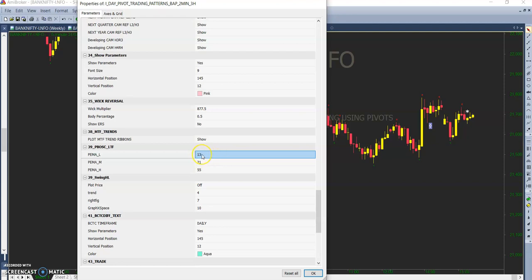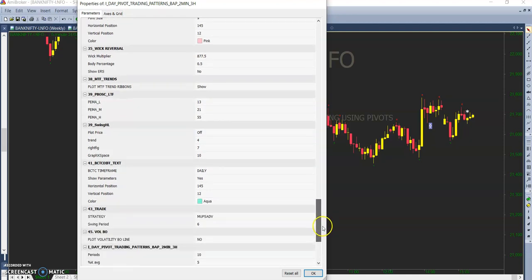Basically this one says that the fast moving average is 13, the middle moving average is 21, and the slow moving average is 55. If you want, by any chance, to change these numbers for any reason, you can just play around with a different set of numbers. So I suggest not to touch this.